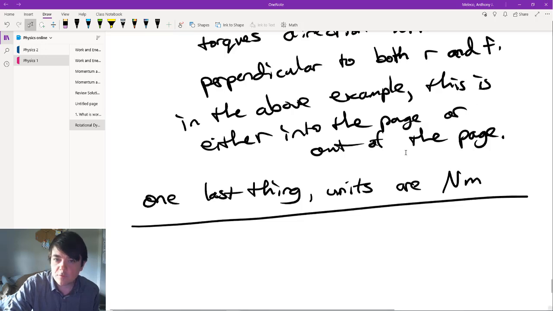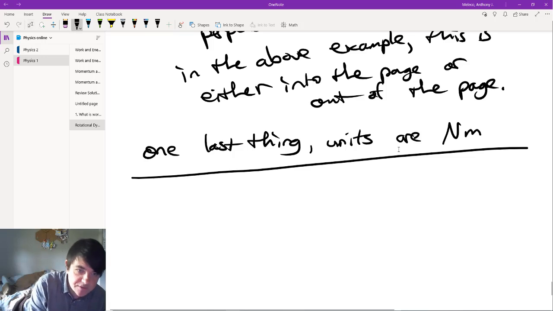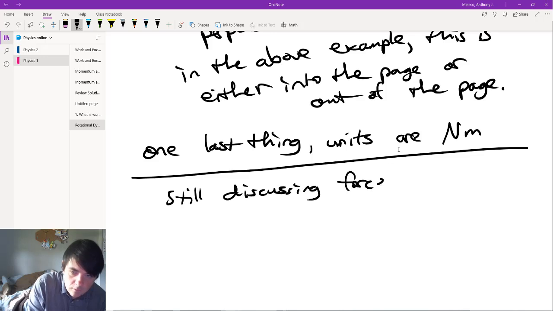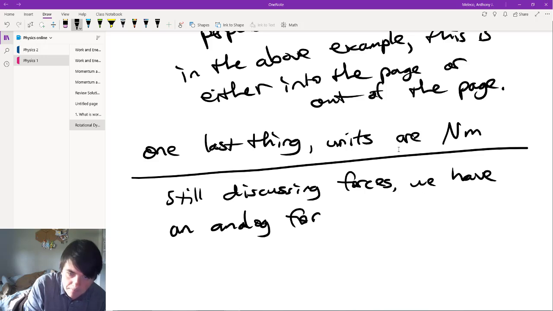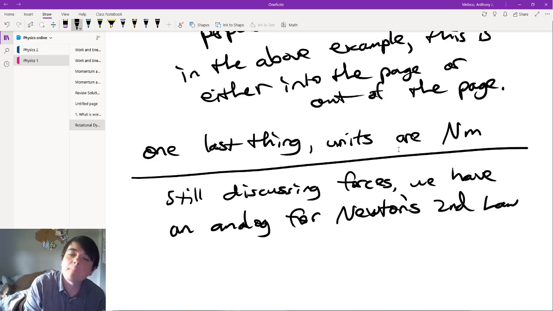Okay, so next up, we're still talking about forces, so we have an analog for Newton's second law.